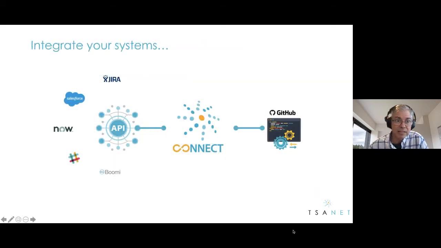It does have many different ways to integrate to your systems. We have over 800 members now part of TSANet, so I would say a huge majority of those, probably 95%, are just using the standard email integration method.